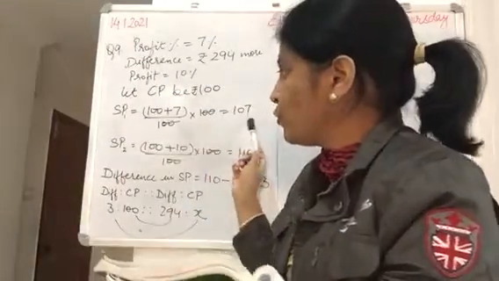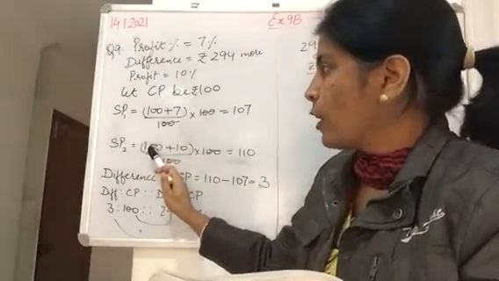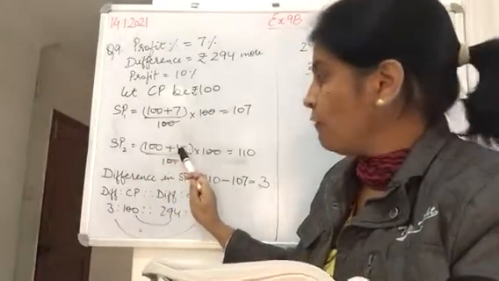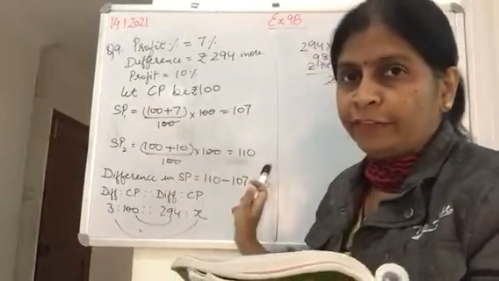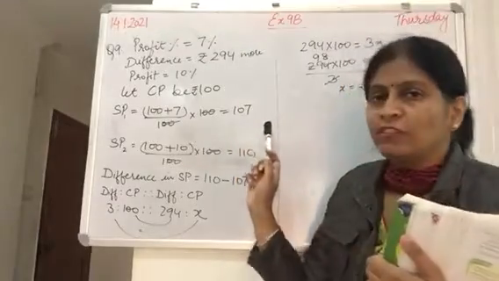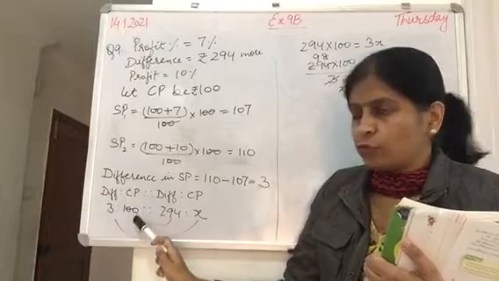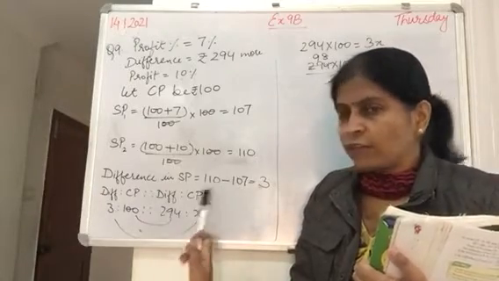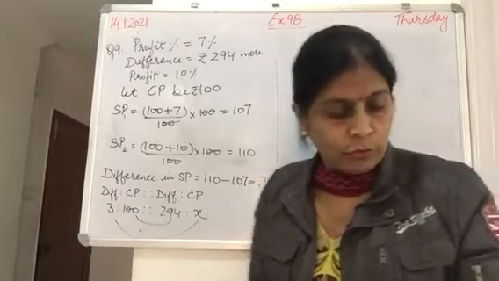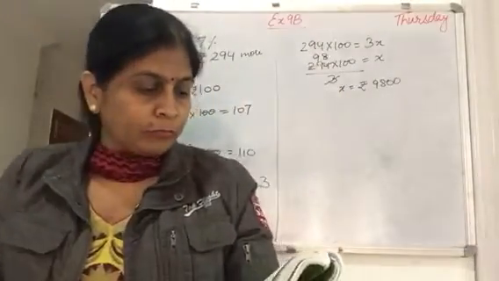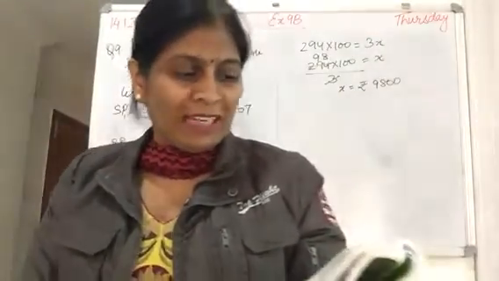So here it is 105, now it is loss, so 100 minus 5 upon 100 into 100, that is 95. So the difference between 105 and 95 is 10. So when the difference is 10, cost price is 100; when it is 1650, it is x, and then you solve by yourself. Clear? Now I will do the 11th question.